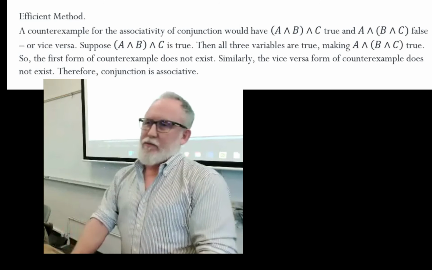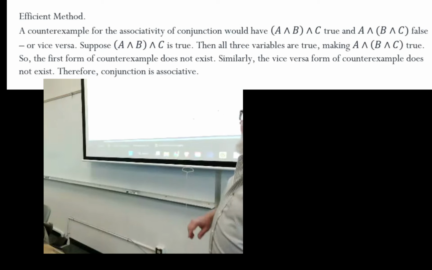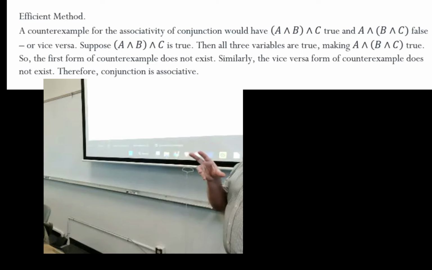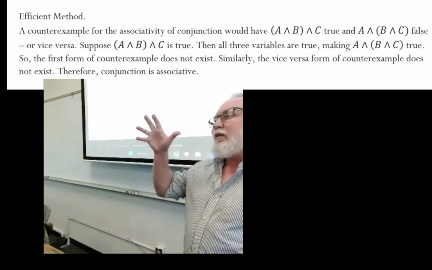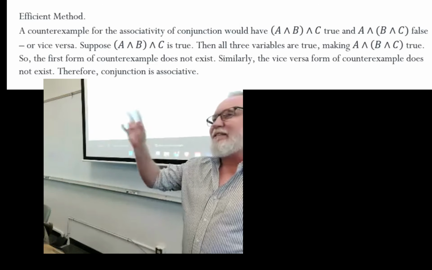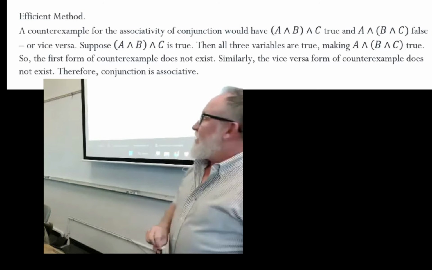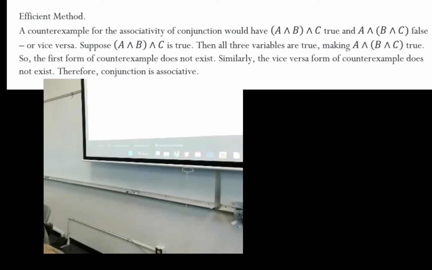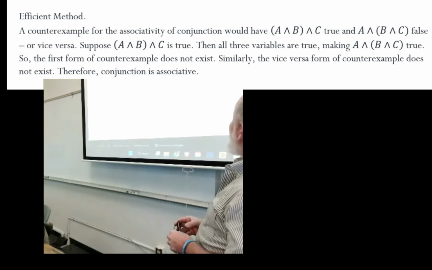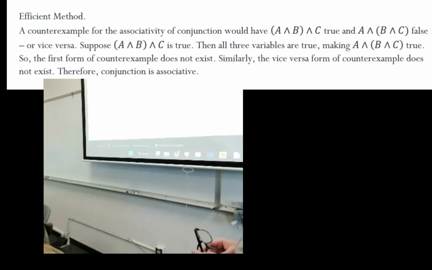So the efficient way of doing this. One way of thinking about the efficient method is that it's like reductio. We're just sketching what a reductio ad absurdum argument would look like. But we want to focus on a counterexample. A counterexample for associativity of conjunction would have both A and B and C true and A and both B and C false, or vice versa.